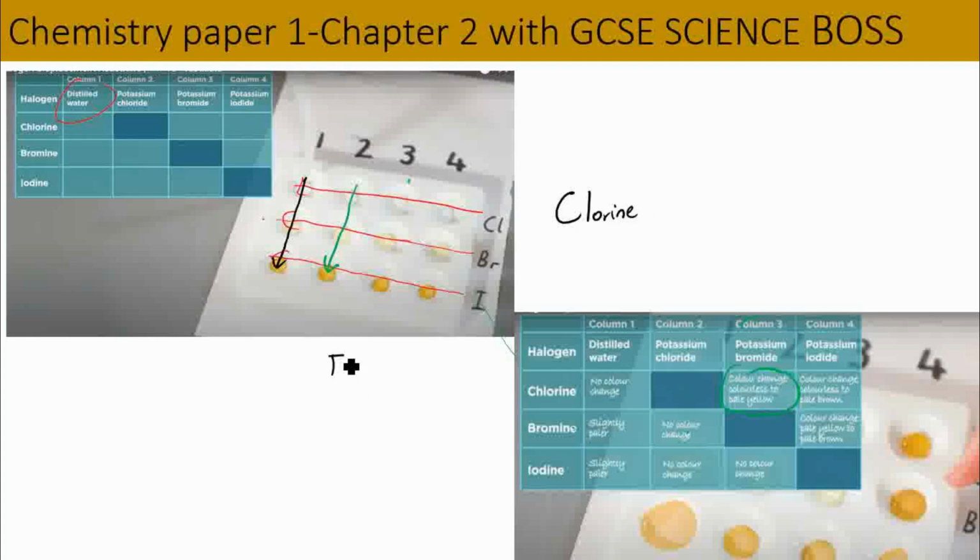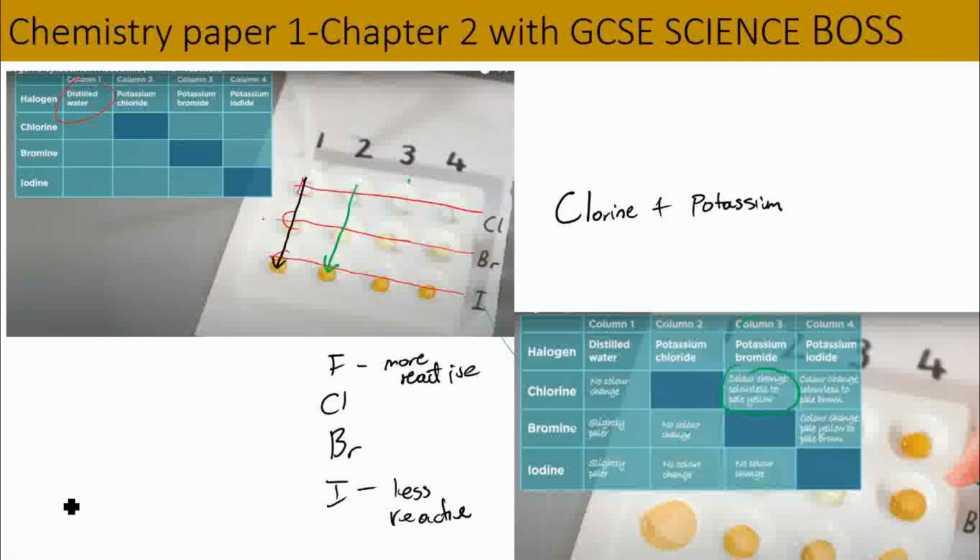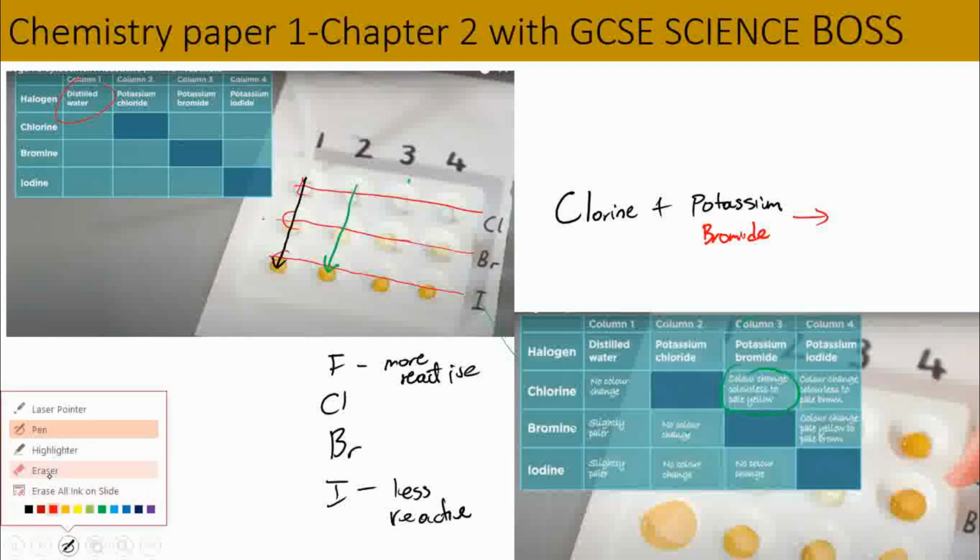So just remember fluorine, chlorine, bromine, iodine. Your fluorine is more reactive, your iodine is less reactive. So if you add chlorine to potassium bromide, and let's use a different color for the potassium bromide here, what will then happen is that your chlorine, which is more reactive, will knock away the bromine.